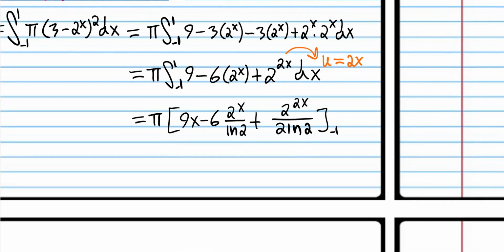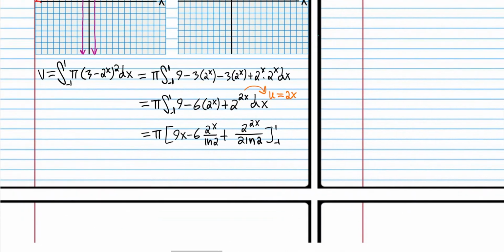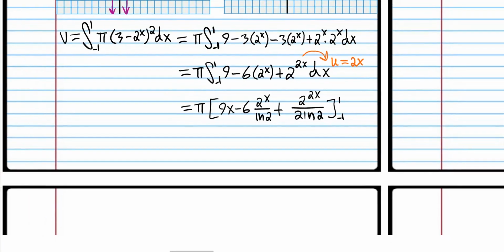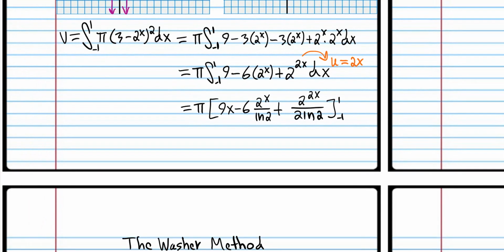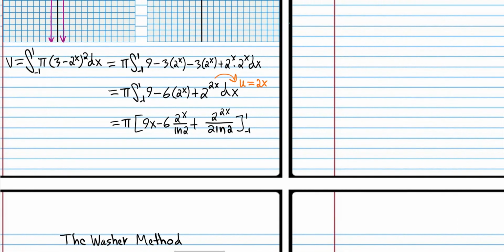So this is from -1 to 1. And we may need some room on the other page here. So let's double check, make sure that's all right. Everything looks correct.